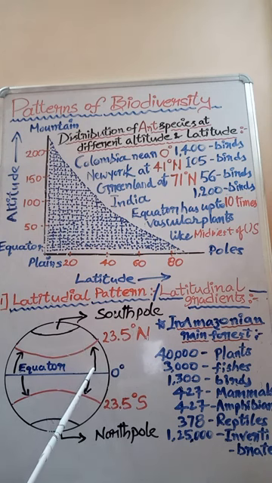When we move away from the equator towards the South Pole and North Pole respectively, as we learn, what may happen to species count? Decreases. Decreases, obviously. So that's why I have marked arrows here.